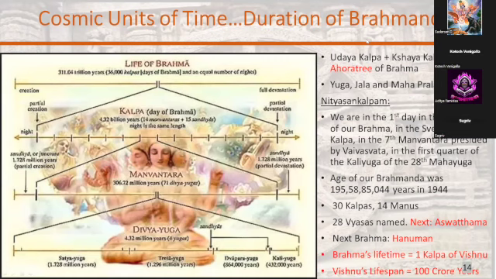In fact, what Panditji does in this book is he actually talks about when each avatar happened. What he has done is he has tried to show how many years before the date of his writing, meaning 1944, when he completed this research, each of the Dasavataras existed.